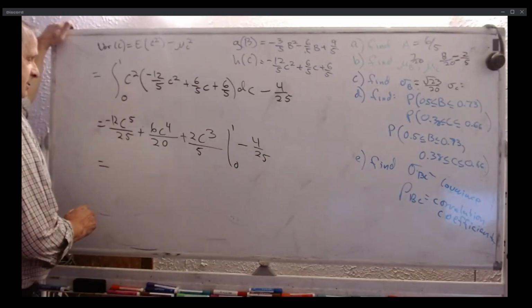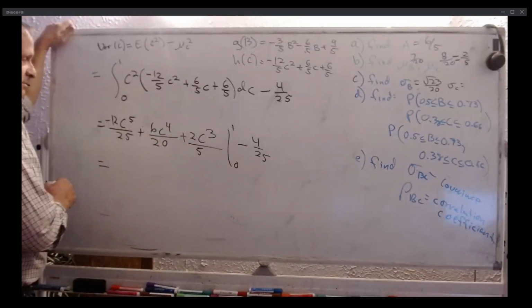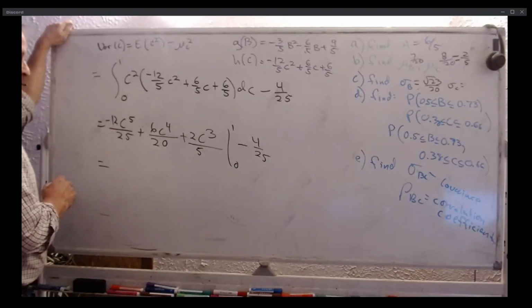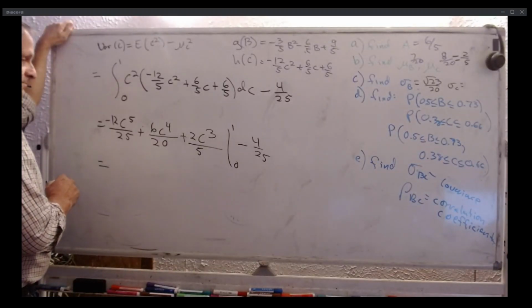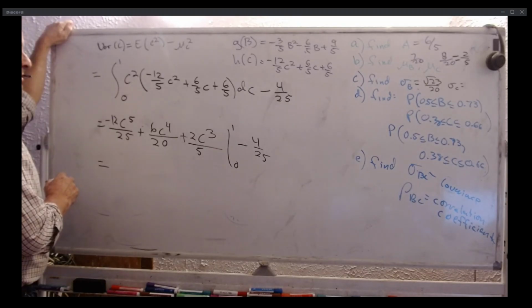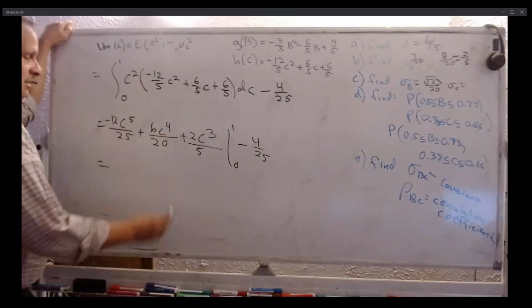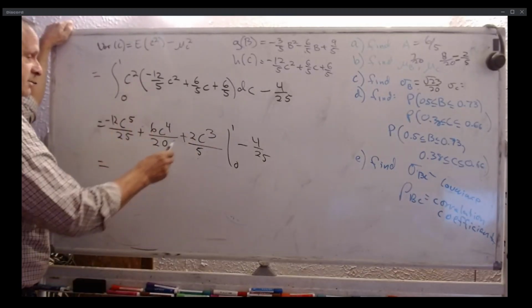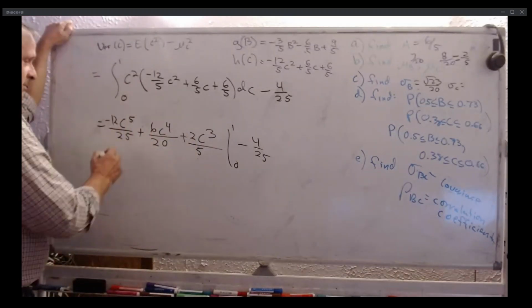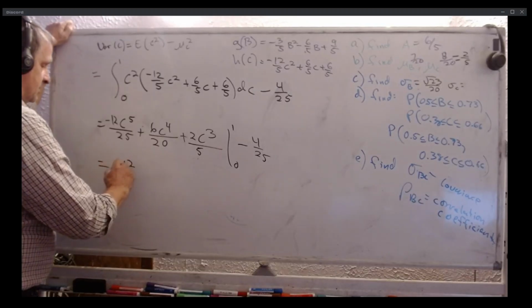What does this go to, guys? Did I get this right? I had 6 out of 15. Yeah, it's the same. Okay, over here. Everything else is right? Yeah. Okay, so it's negative 12 out of 25.